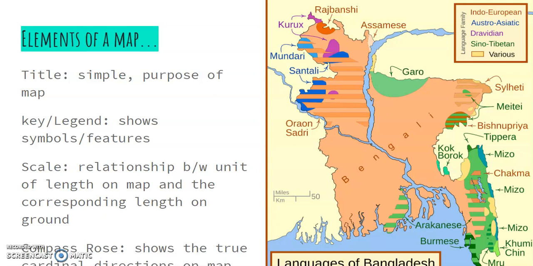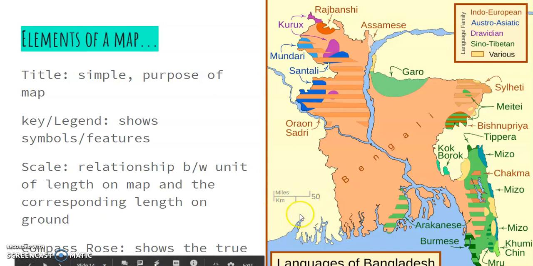They've highlighted those on the map in the corresponding colors that they are in the key or legend. Next is the scale. This is the relationship between a unit of length on the map and the corresponding length on the ground. This scale is found right here, and it means that this little inch here is going to be 50 miles, and from here, this is 50 kilometers.